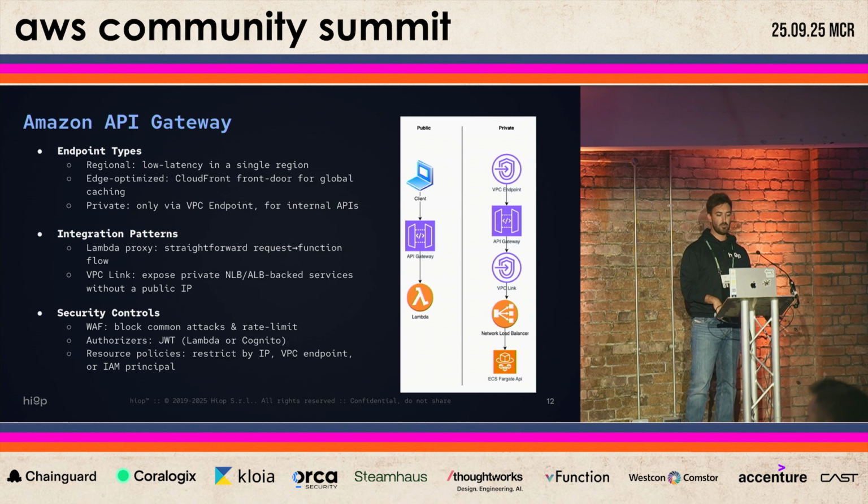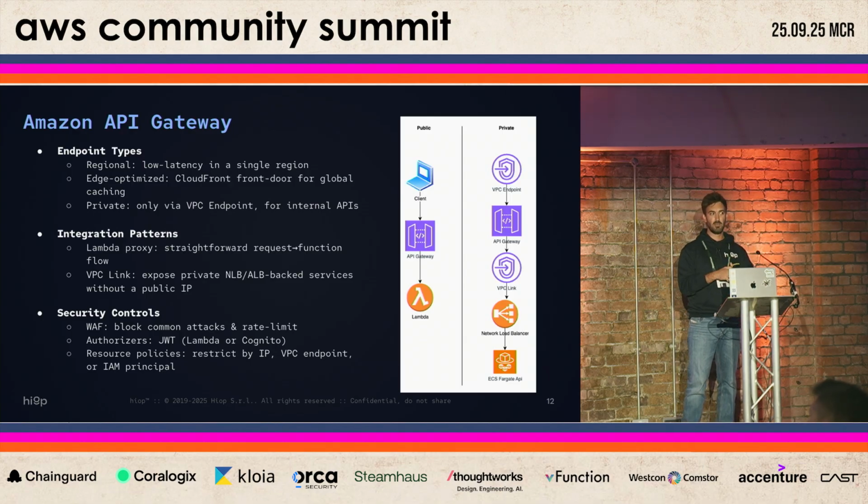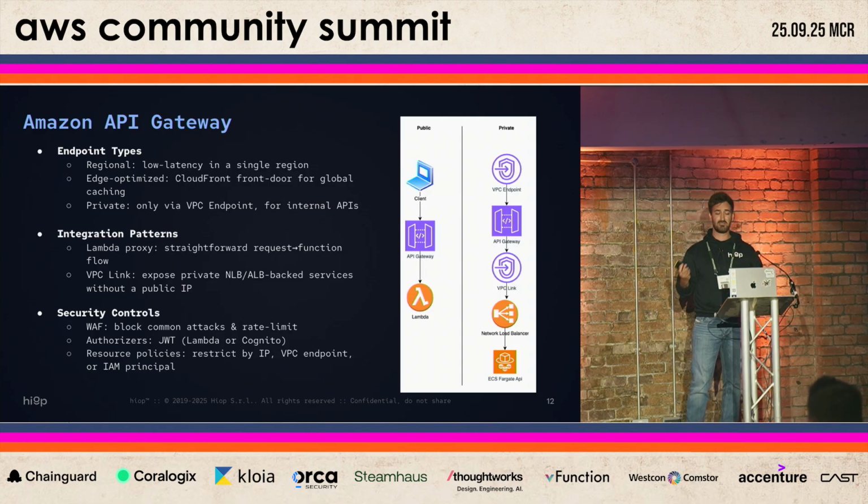There is a simple JWT that you can configure, but you can also integrate more specifically with other Lambdas or the Cognito service. And then you can specify resource policies for your API Gateway APIs by restricting them to specific IP addresses, and, as I said, by adding a VPC endpoint or IAM principal that needs to call the specific APIs.